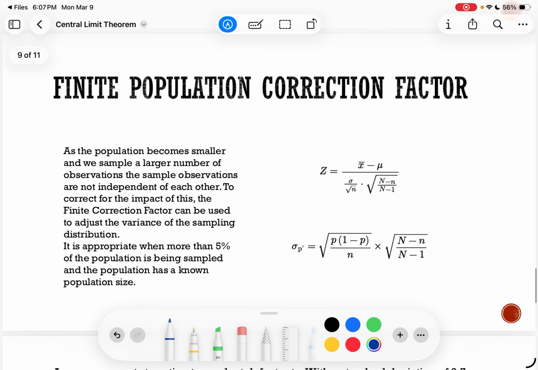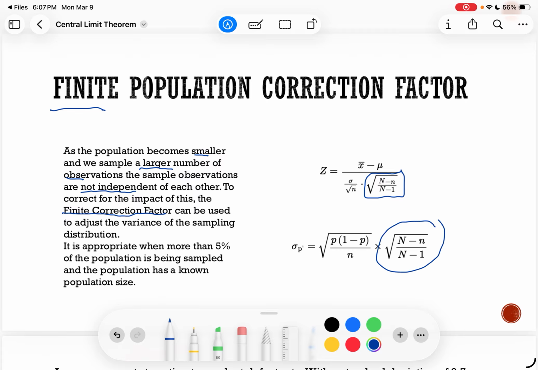Now, if you have a finite population, there is a correction factor that we use. As the population becomes smaller and we sample a larger number of the observations, the sample observations are not independent of each other. To correct for this, we use the finite correction factor.